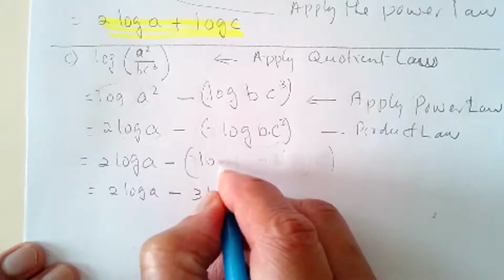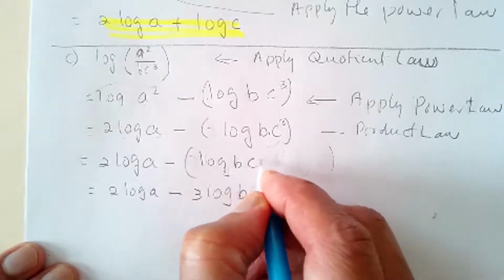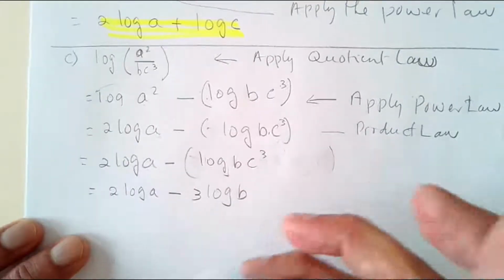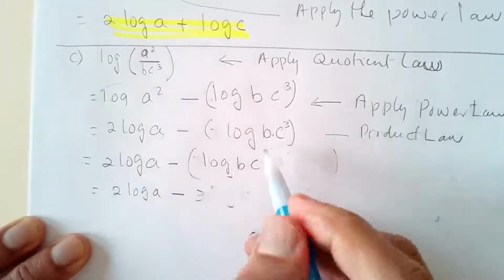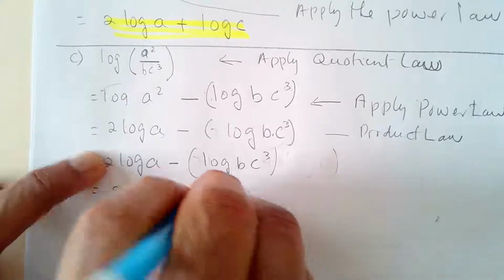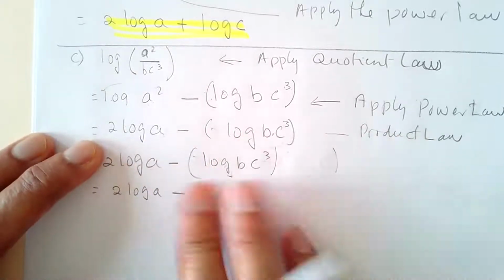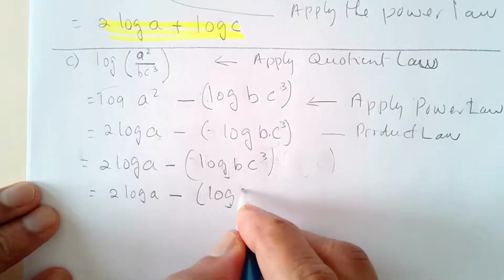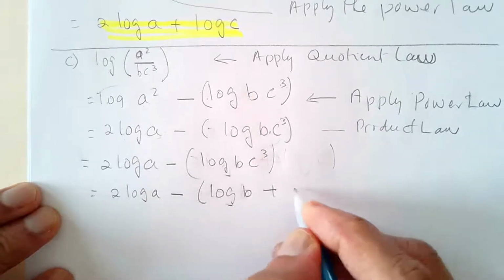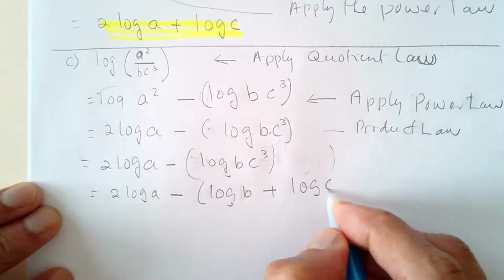This would be log of BC cubed. Now this becomes log B plus log C to the 3.